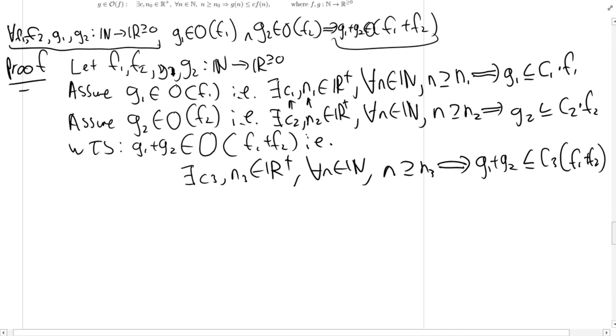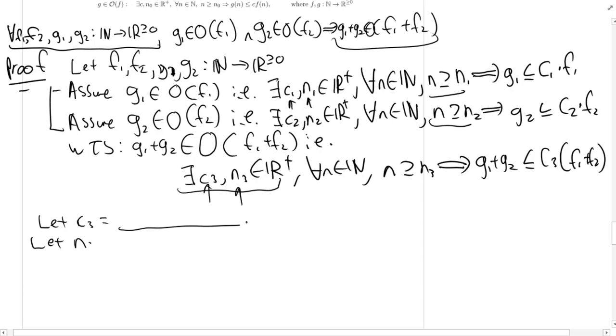Perfect. Okay, so first of all, we want to unlock these two statements, and we can't do that unless this and this is true. And for this one here, we're going to need to choose C3 and N3. So let C3, let N3. Okay, and we're going to choose N3 to be N1, N2, whichever one is larger.